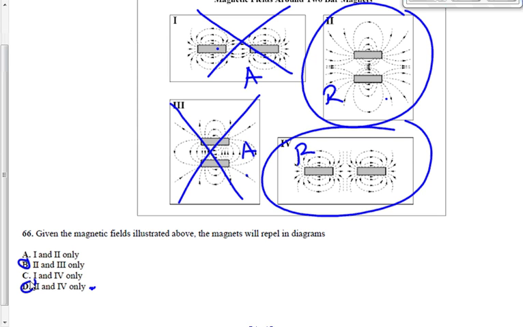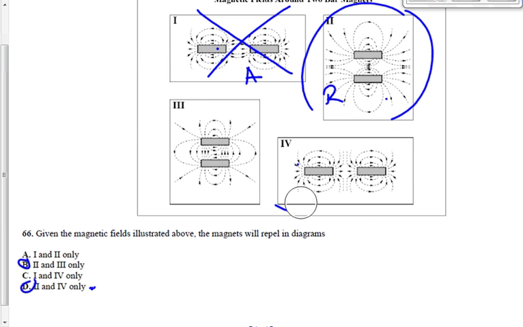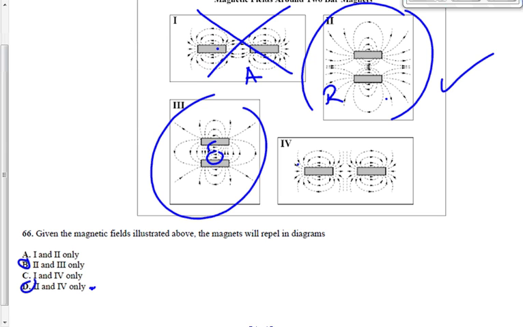Okay. Now, there were a few people that said B, so 2 and 3. So a few people that said these two. This is correct, obviously. This one, I can see why you'd say this one. I could see why you'd say repulsion there. In the end, we can see this little area right here where the field lines aren't joining up.